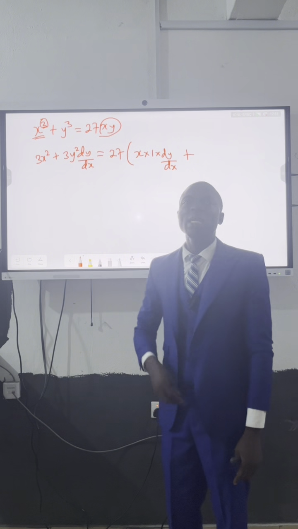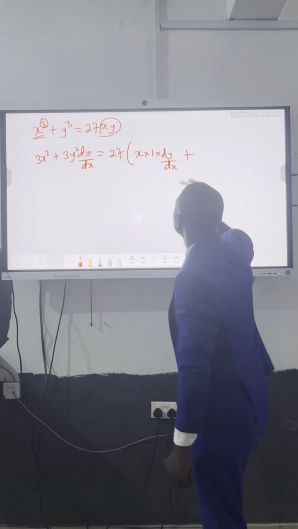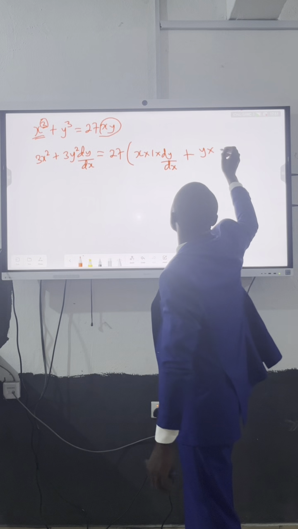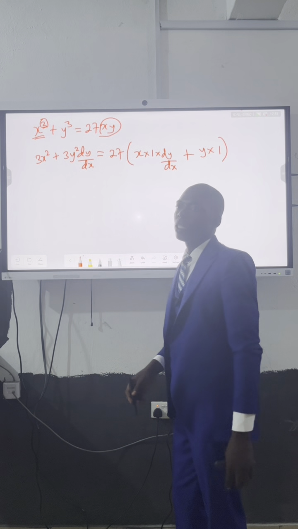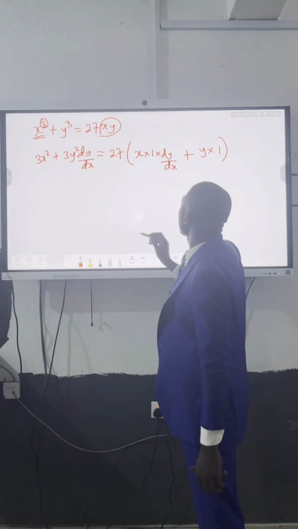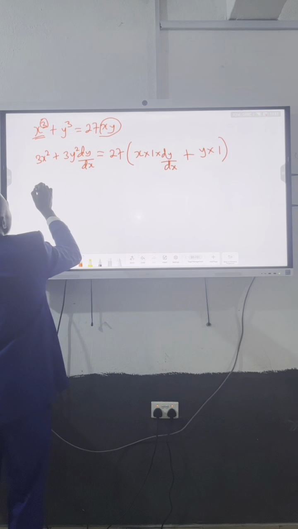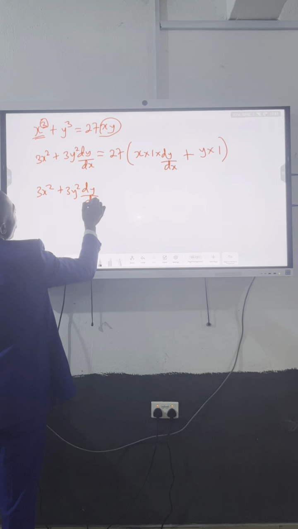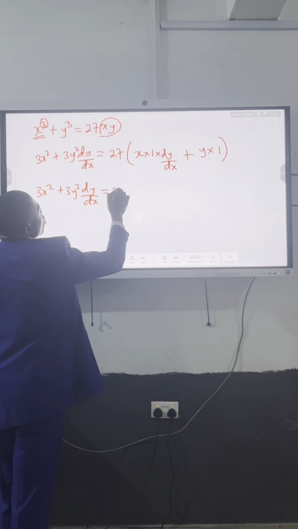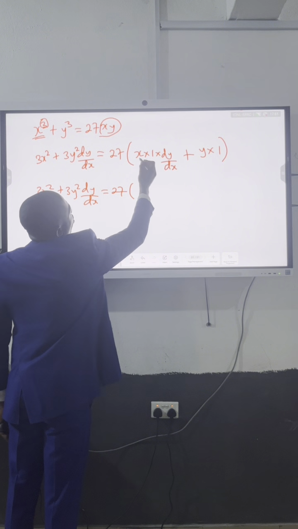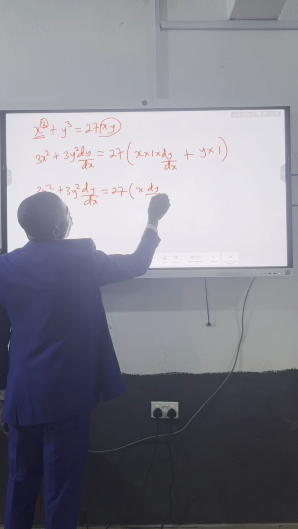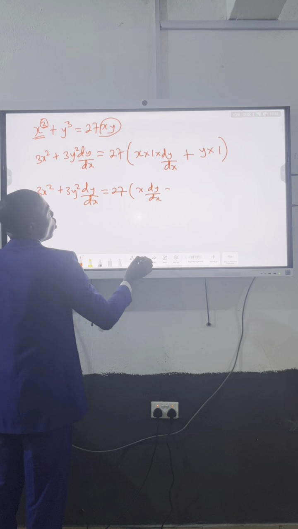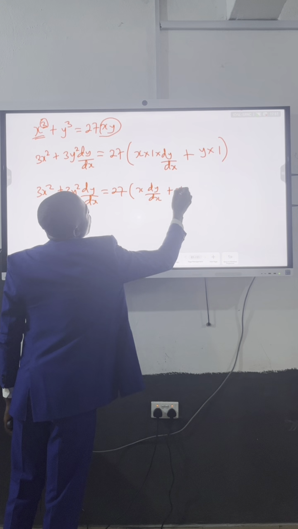You move on. Now, keep y constant and differentiate x. That means y should stand there and then differentiate x. If you differentiate x, you get just 1. Now, what we're going to have is 3x squared plus 3y squared dy/dx is equal to 27 into, if you multiply all of this, x dy/dx.